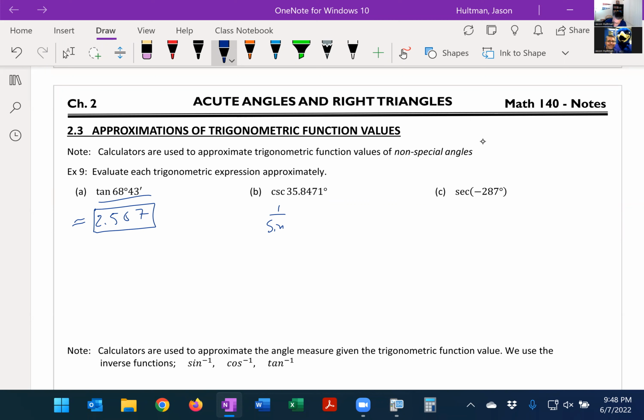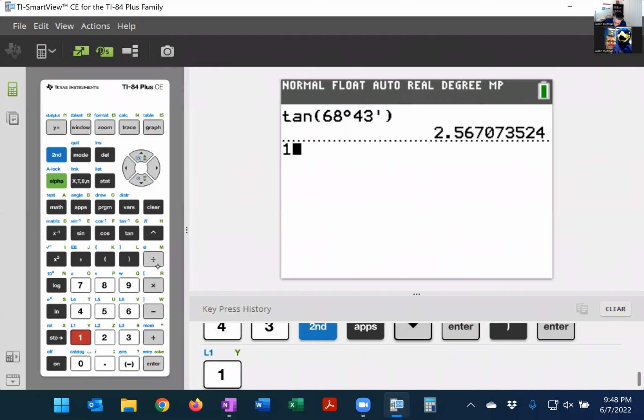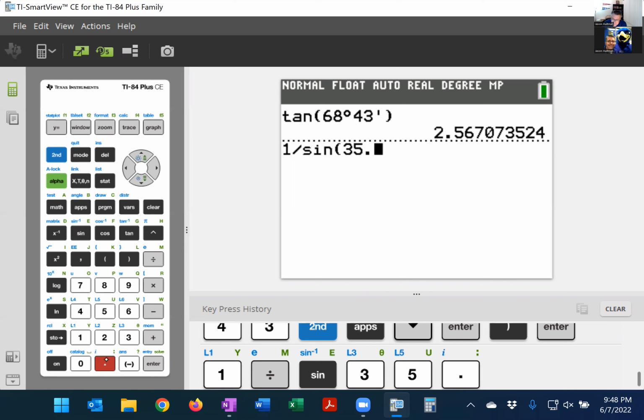Okay, 1 over the sine of 35.8471. So let's go to the calculator, and we're going to do 1 over the sine of 35.8471.